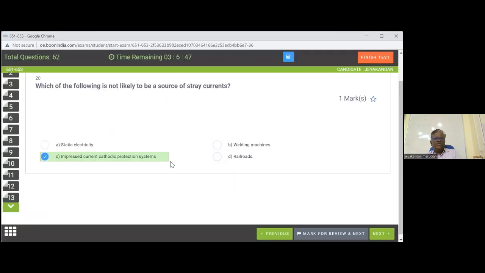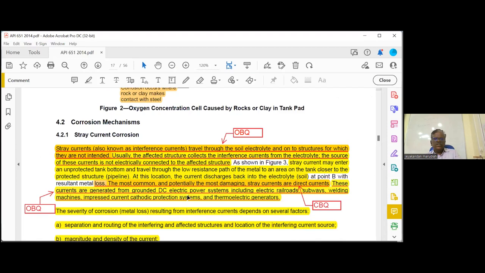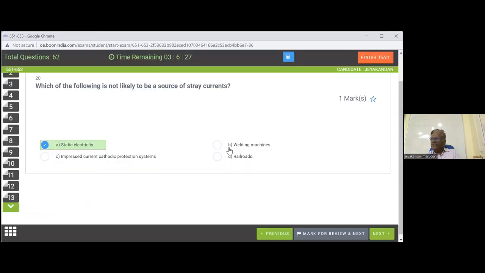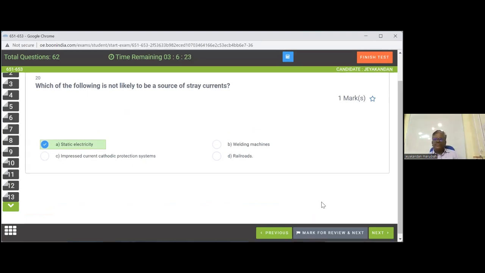Then what about railroad, welding, static electricity? Electric railroad, welding, same as interference current. This includes electric subways, welding, impressed current, and thermal. There's no static electricity in the list. See, the answer is static electricity. Welding machines are there, impressed current cathodic protection, and the railroads.